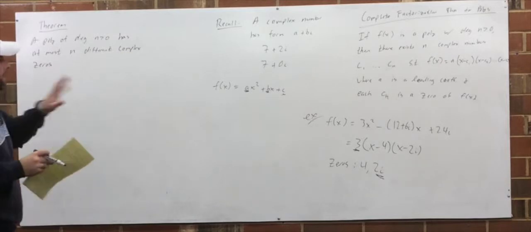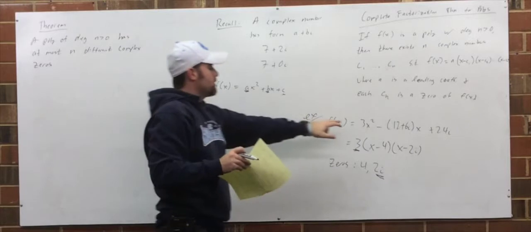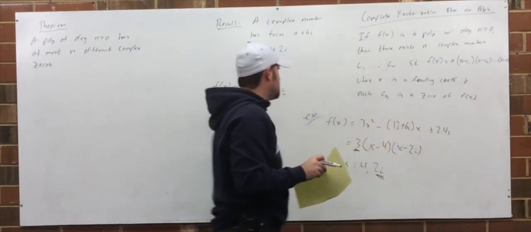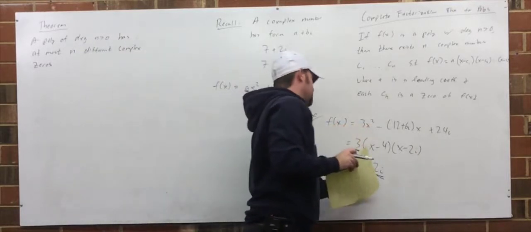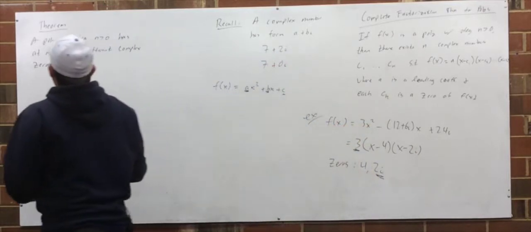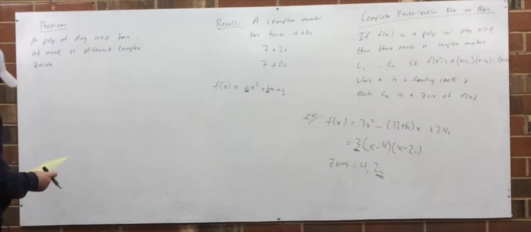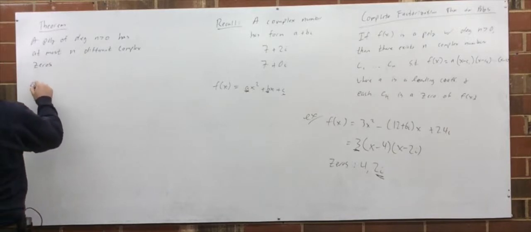So in other words, going back to this example, a polynomial of degree n greater than 0 has at most n different complex zeros. So this was degree 2 here, so we get 2 zeros. It's something we've been dealing with for the last week or so.